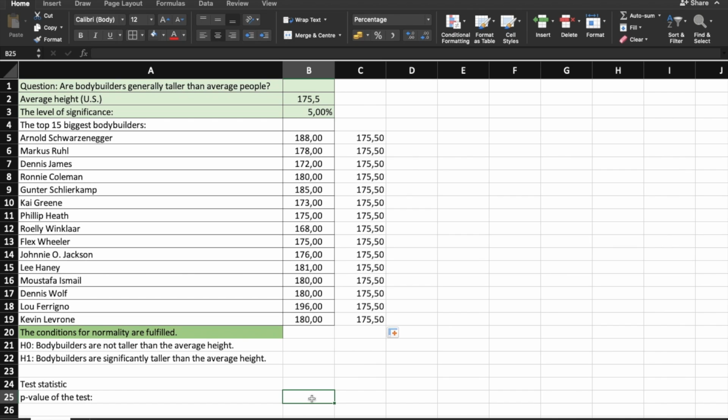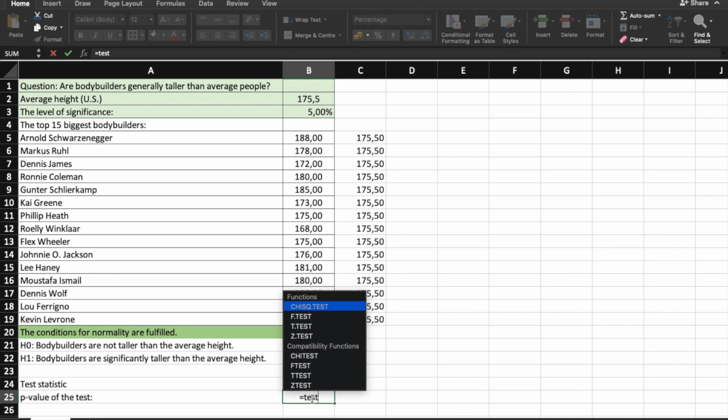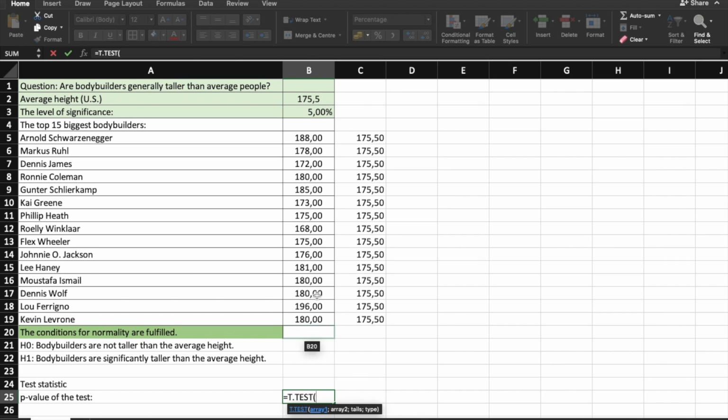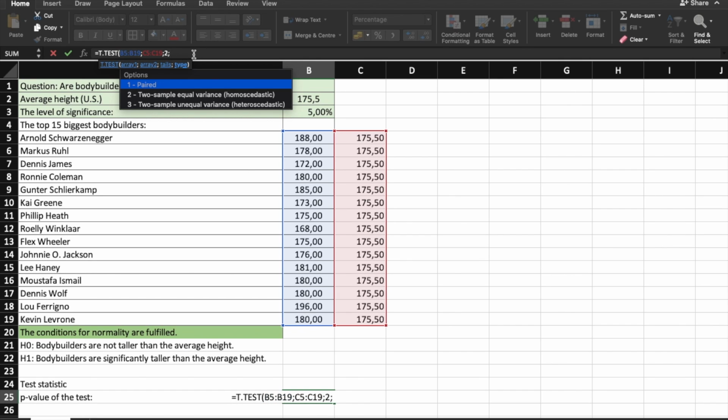The p-value of the test is generated by the T-test function. But here I need to give the array1, the array2, the tail, which is always two-tailed distribution, and the type here is paired.